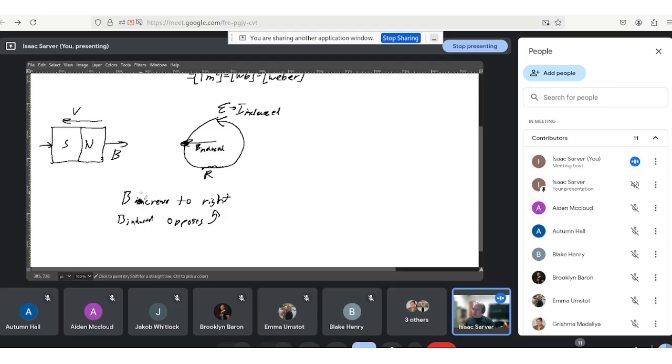My magnetic field is now decreasing to the right, which means that my induced magnetic field needs to reinforce it to oppose this decrease in B, which means that my induced current will need to go clockwise. Does it make sense now?